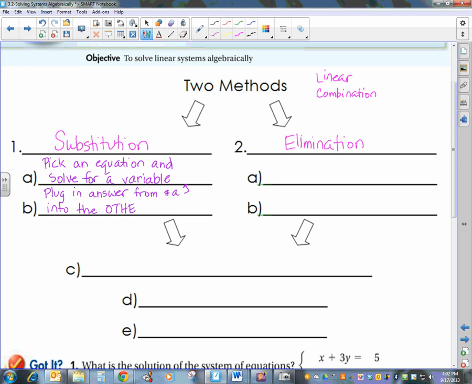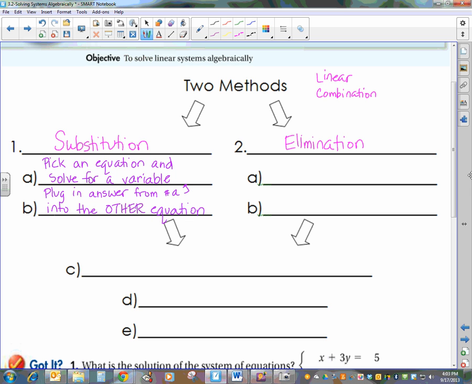And this is where it's so important, because you picked an equation here, so when you plug in, you have to plug into the other equation, because we're always going to have a linear system, what we talked about yesterday, which is two or more equations with two or more variables. So we're always going to have two equations that we're dealing with. You picked one, solve for the variable, then plug that variable into the other equation.